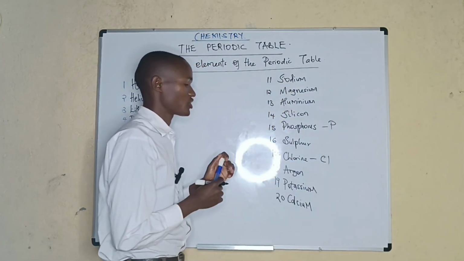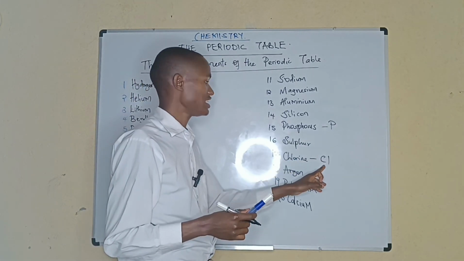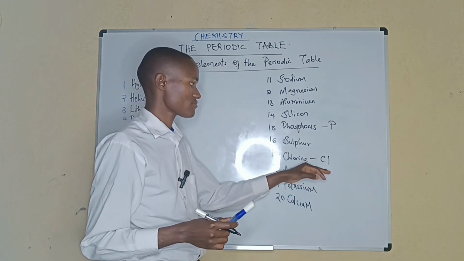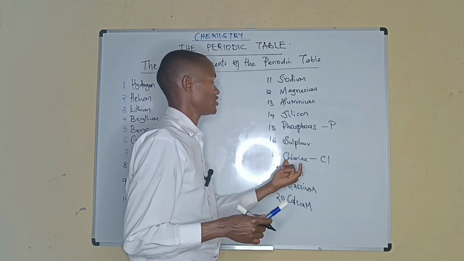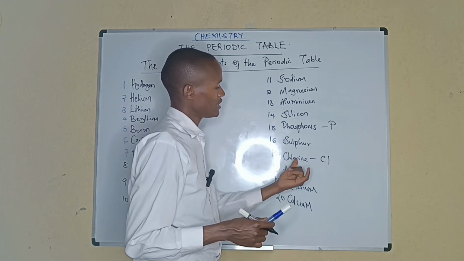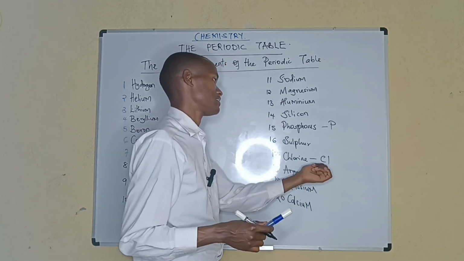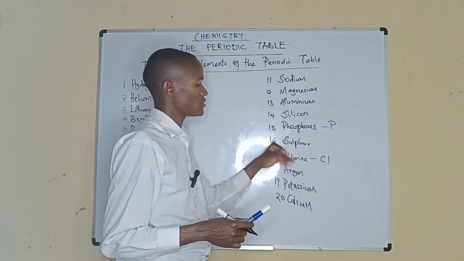The chemical symbol for chlorine is Cl, a capital C and a small l, the first letter of the element name and another letter from the same name.